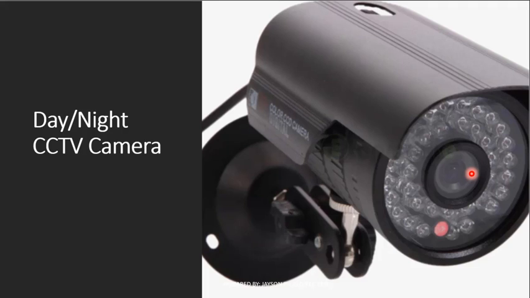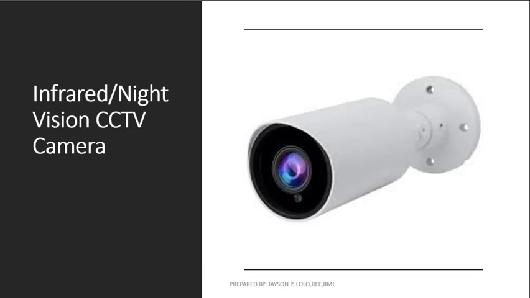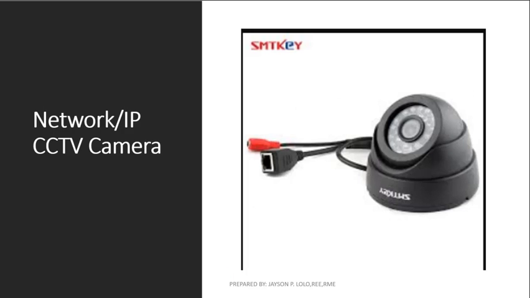This camera is ideal for outdoor surveillance applications where infrared cameras cannot function optimally. Then the next one is the infrared night vision. These night vision CCTV cameras have the ability to see images in pitch black conditions using infrared LEDs and are ideal in outside conditions where lighting is poor to zero.